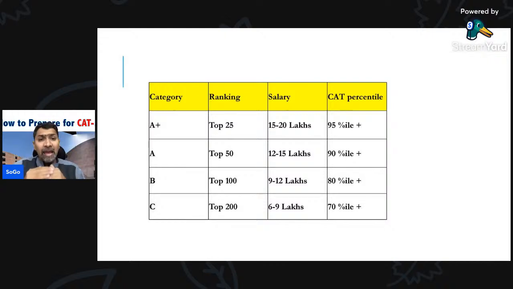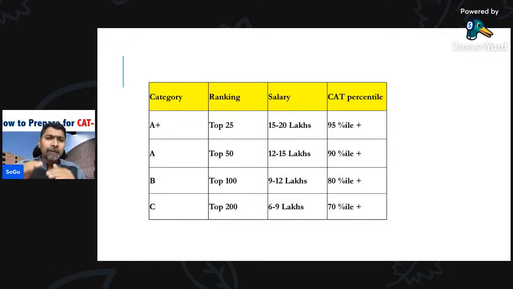I'm not talking about the average salary here, I'm talking about the minimum package. So if you talk about top 25 colleges, 20 touch kar jata hai bhai, 15 se niche to kuch bhi nahi jata hai, right? And in case of top 50 colleges, you need to get into a range where you get a package of 15 to 20 lakh rupees.